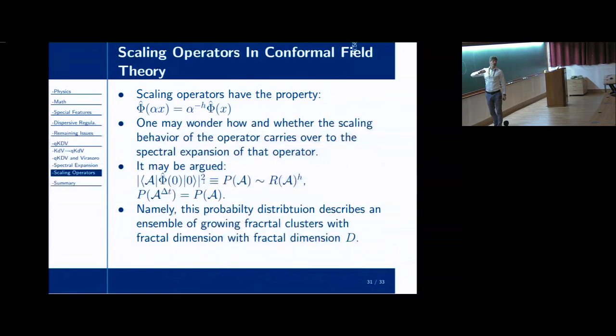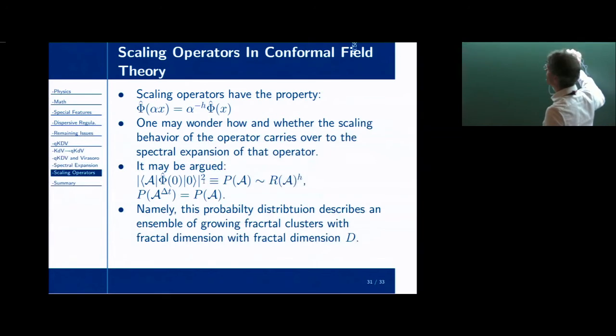There's an operator-state correspondence. I have solitons here. I can expand the state into solitons. This is my A, and now I interpret these solitons and every configuration of solitons as a Laplacian growth pattern, and look at that as an ensemble of Laplacian growth shapes.